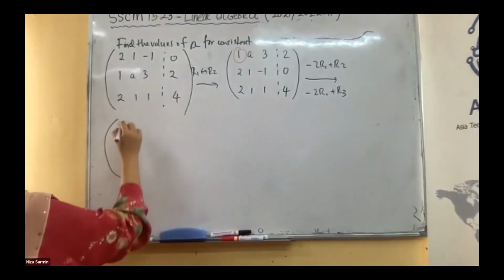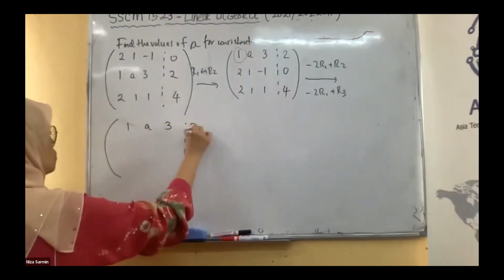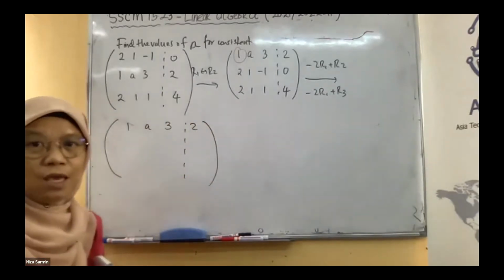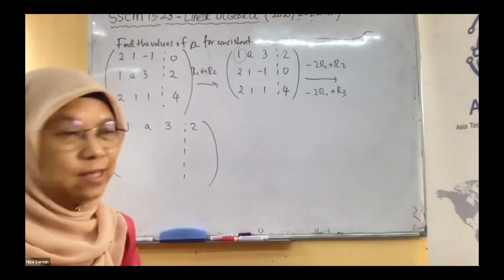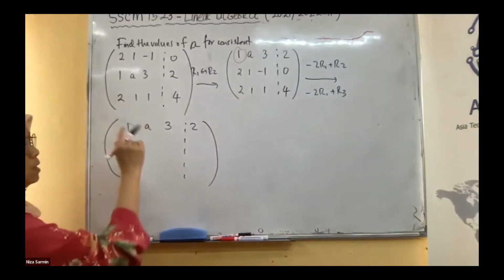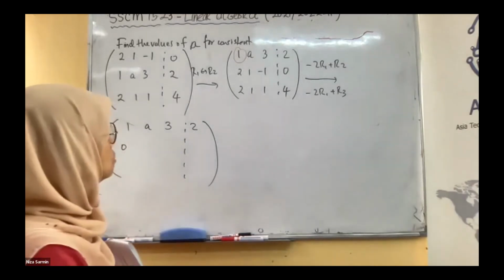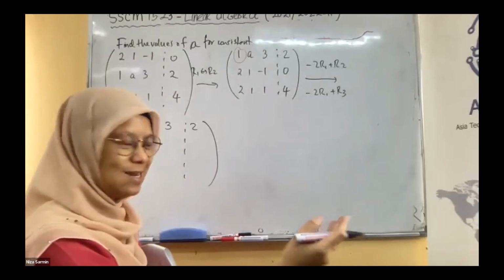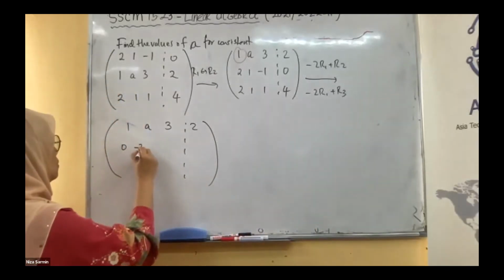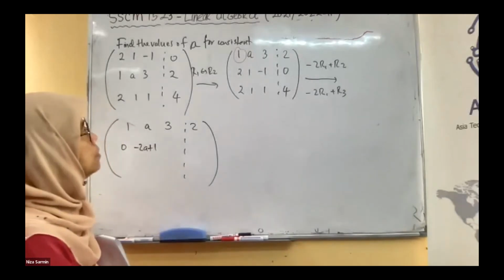Okay. 1, A, 3, 2. You see when A is involved, it's not a number. How you will deal with this? Negative 2 plus negative 2 times 1 plus 2 is 0. Negative 2A plus 1. Okay, just leave it.